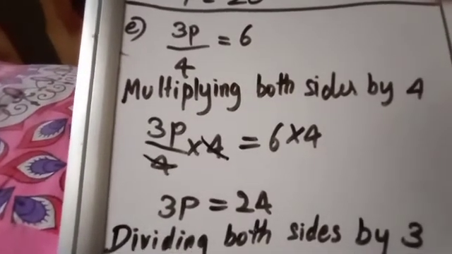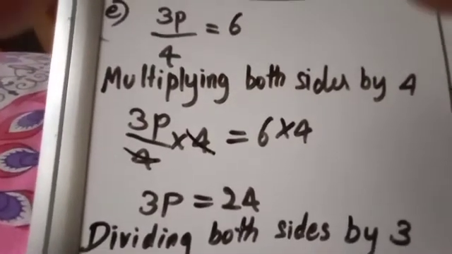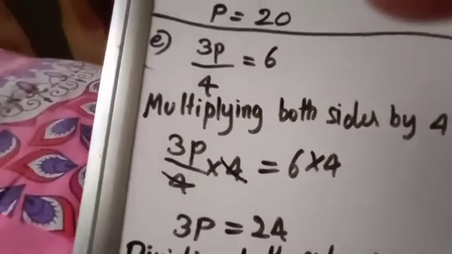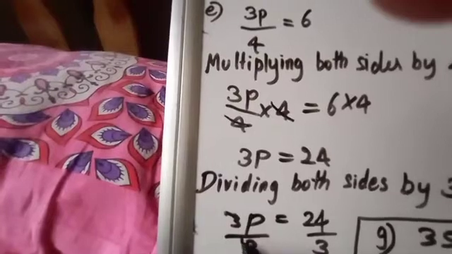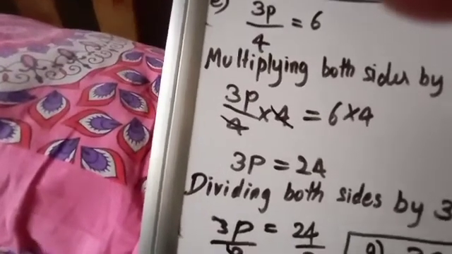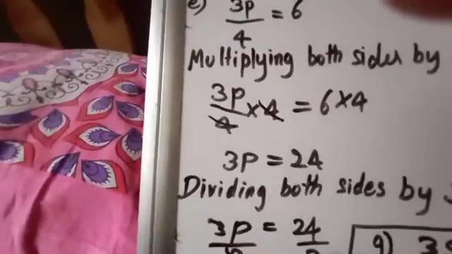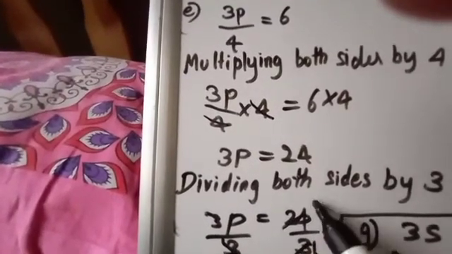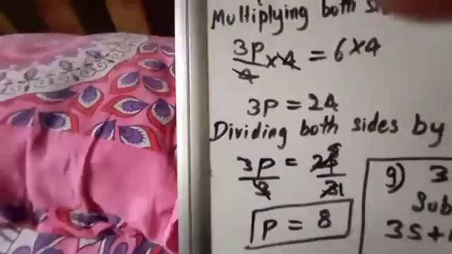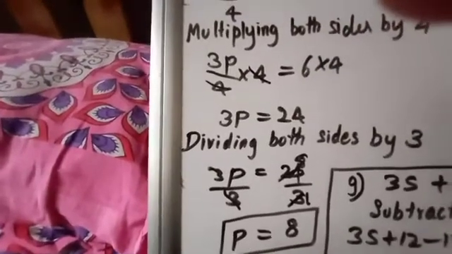Dividing both sides by 3. Why? Because 3 is multiplied with the variable. The 3 gets cancelled. Then p is equal to 24 divided by 3. Simplification can be done. 3 ones are 3, 3 8s are 24. So p is equal to 8.